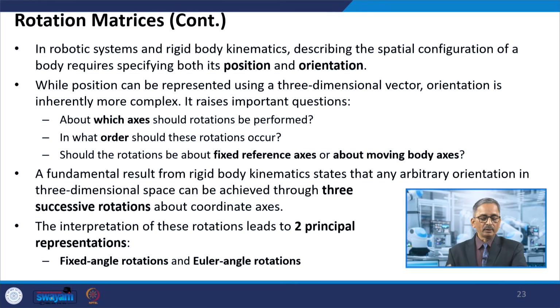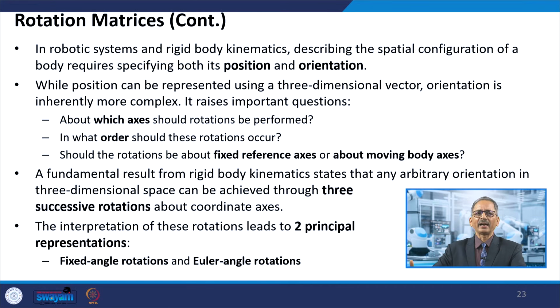Alright. Now, in robotic systems and rigid body kinematics, describing the spatial configuration of a body requires, as I have already told, both position and orientation description. And position can be represented using a 3-dimensional vector. Orientation is inherently more complex.